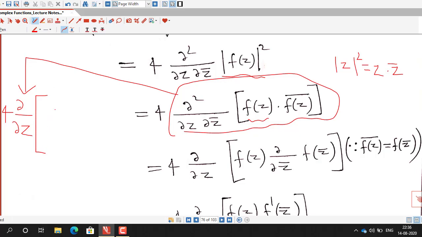So first we consider, and here we are interested in first partial derivative with respect to z bar. So del by del z as it is, and del by del z bar, this we have to write in this way to understand.